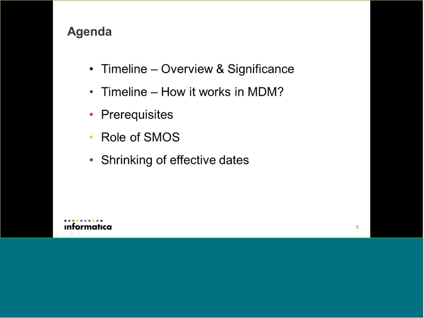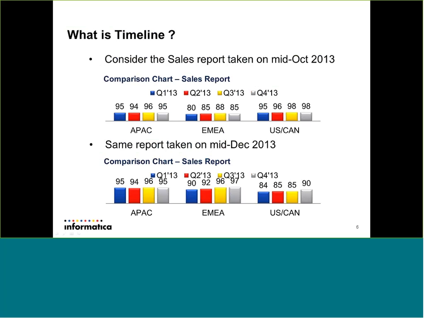hotfix. So before jumping on to timeline explaining the business use case, I took a small example of maybe an organization which runs reports on the sales reports. So consider a sales report was taken mid of October 2013, where the report shows that APAC is doing very good on plus 90s, whereas EMEA is about to touch 90s.